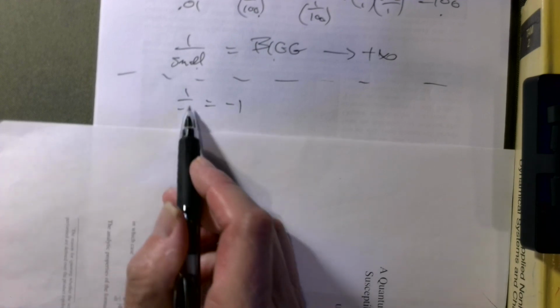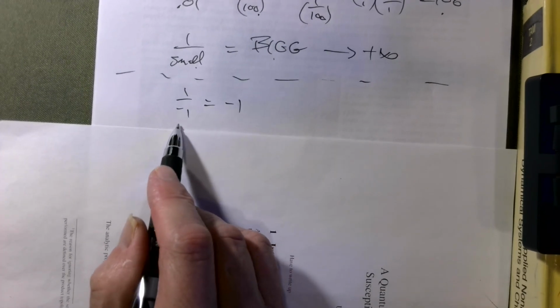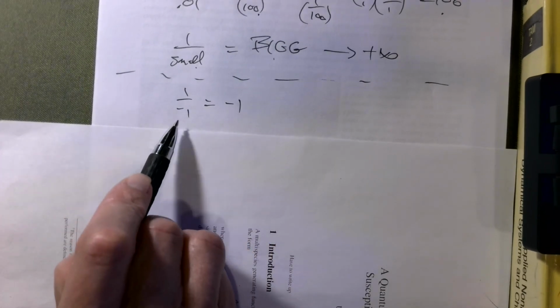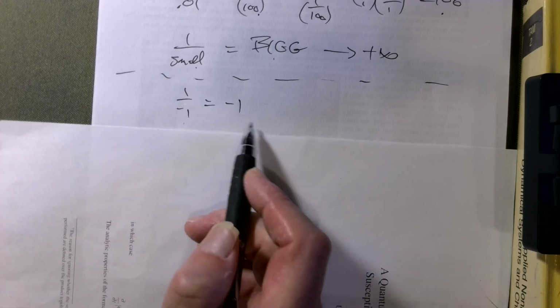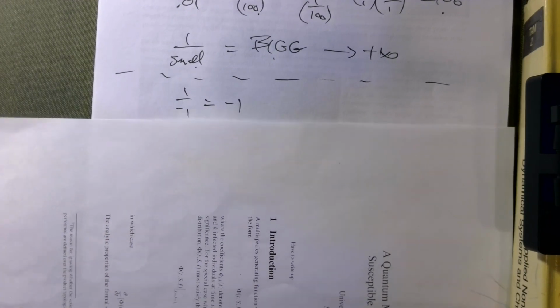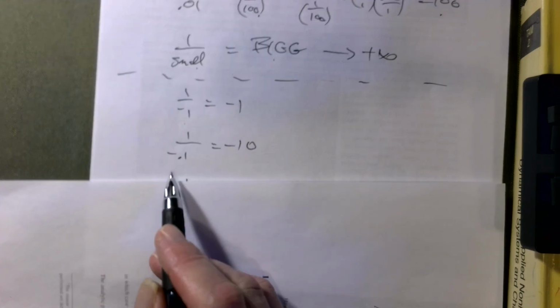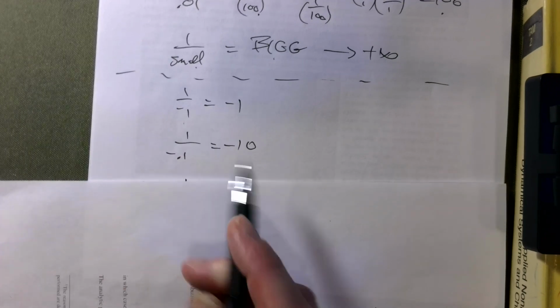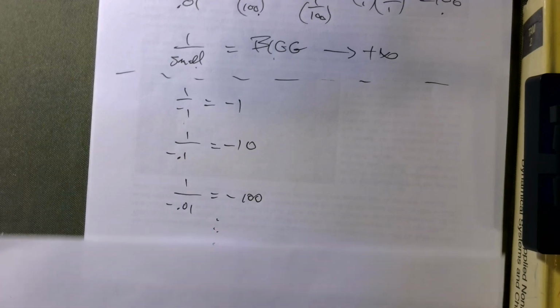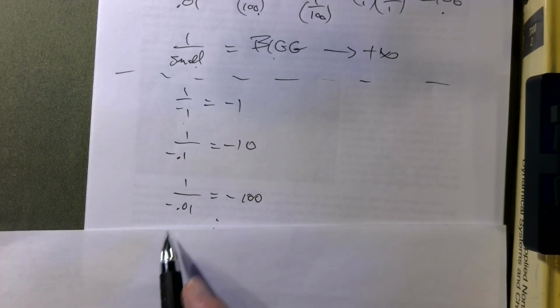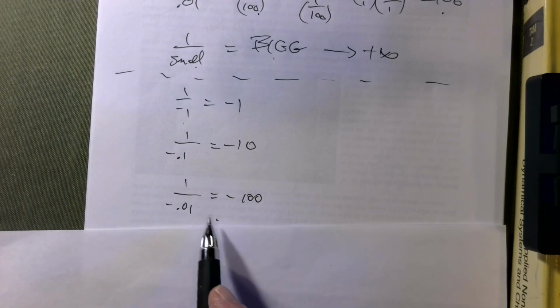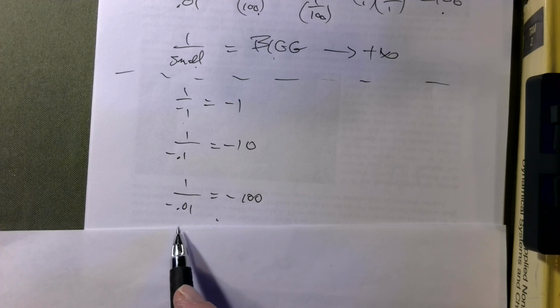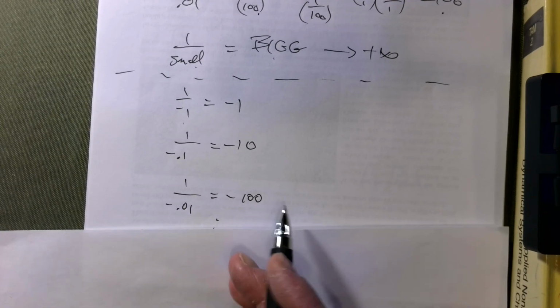We have another problem. If I go from the negative direction, in other words, I make the denominator approach 0 from the negative side. So 1 over negative 1 is obviously negative 1. 1 over negative 0.1 is negative 10. Same reasoning: 1 over negative 0.01 is 1 over minus 1 over 100, which is minus 100.